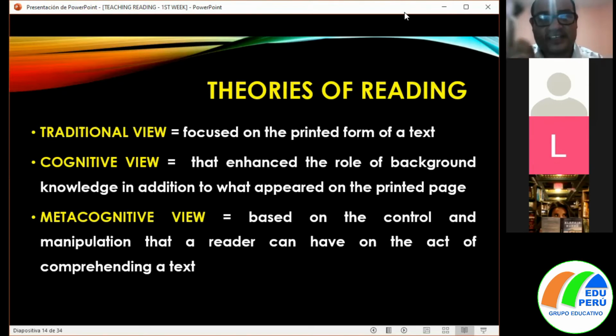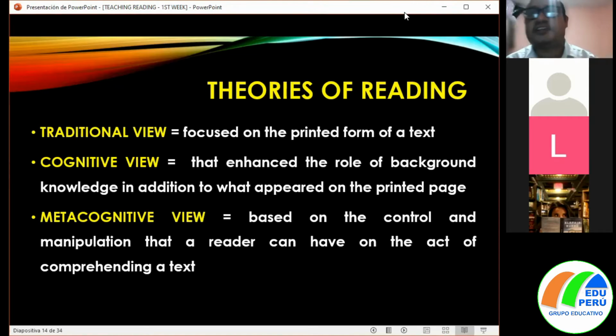All right, metacognition. So a metacognitive view is based on the control and manipulation that a reader can have on the act of comprehending a text. The reader is going to control or manipulate the different aspects involved in comprehending a text. He's going to analyze: oh, in order to understand the text, I did this first, then I did this.